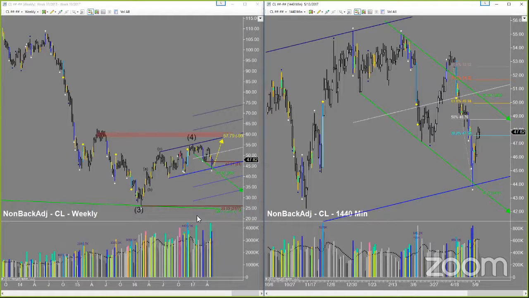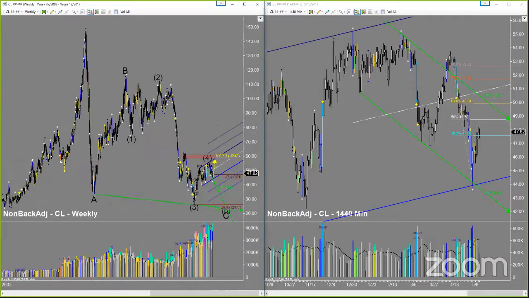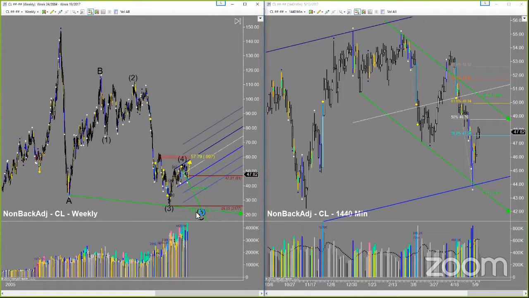You say that and people think you're crazy, but we were just there a year ago. So I could easily see it coming back down to hit this trend line from low to low. And that's at today, it's at 24.71. By next week or 3 or 4 weeks from now, it'll probably be closer to 24.